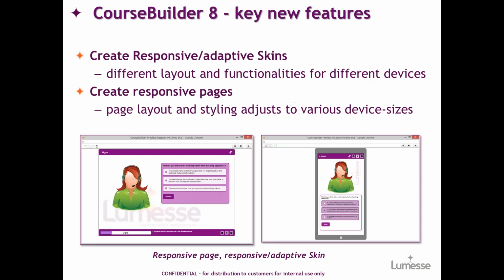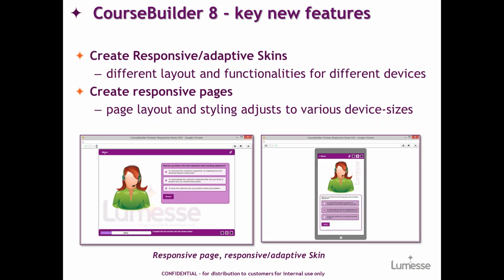Key new features in CourseBuilder 8 are, of course, based around responsive. One of the new features is you can now create responsive adaptive skins using the CourseBuilder skin editor. You can change layout, you can change functionalities. The skin can look very different on different devices.